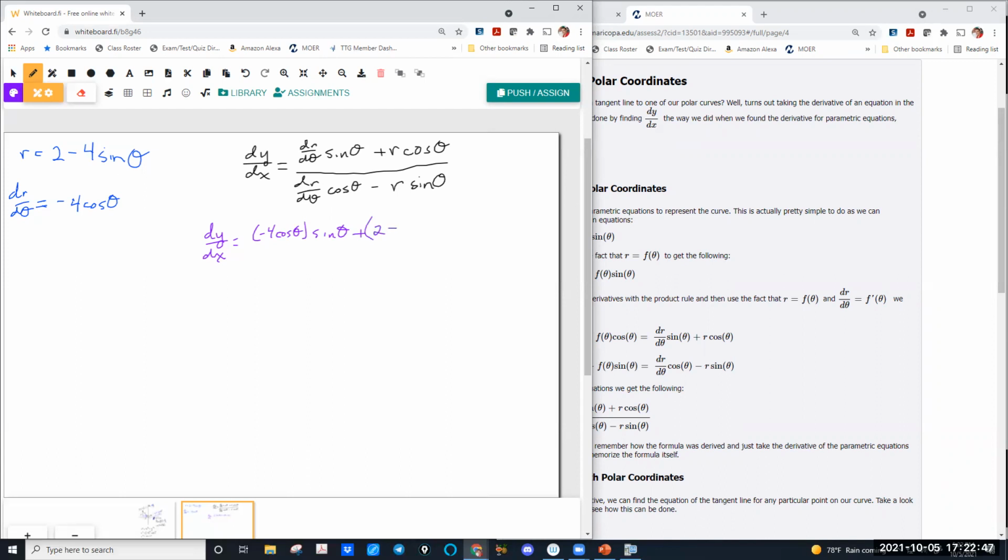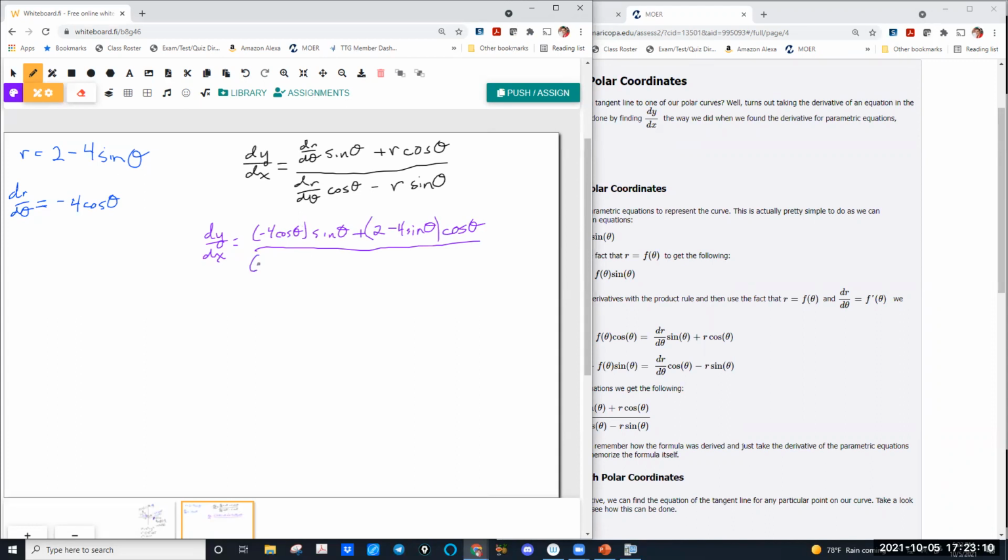So 2 minus, whoops, forgot the 4, excuse me, minus 4 sine theta, cosine theta. And then again, almost identical. It's just a slightly different formula, and that's just because of what dx/d theta is.